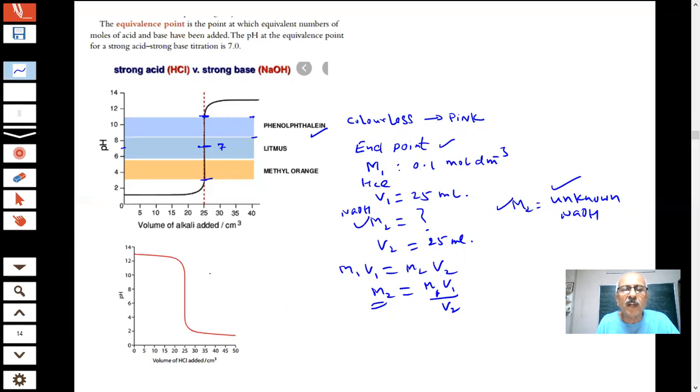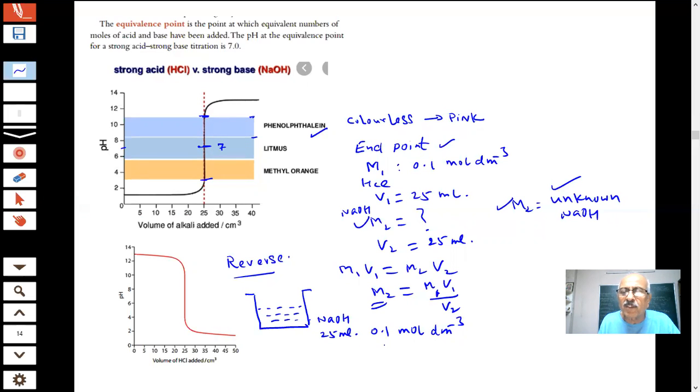If I do the reverse reaction, what is the meaning of reverse? Tell me. What do I take in this beaker? I am taking in this beaker, students, NaOH, 25 milliliter and 0.1 mole per decimeter cube.